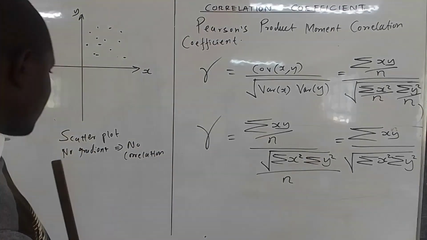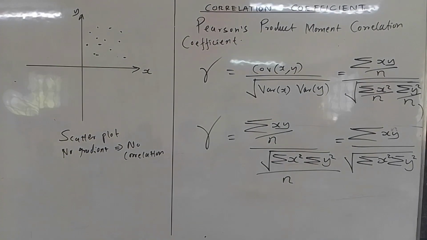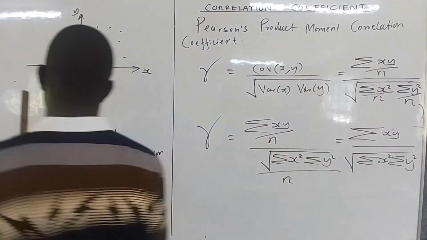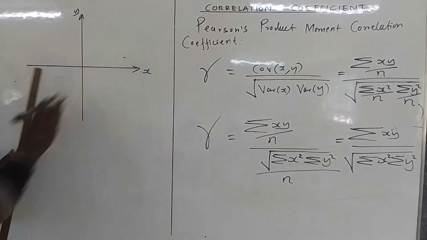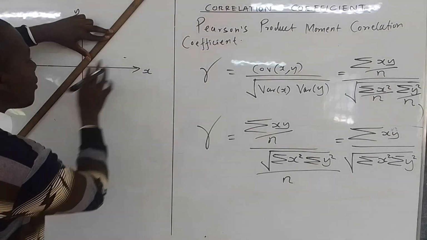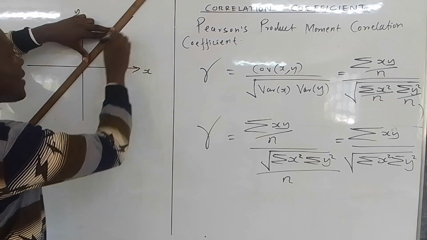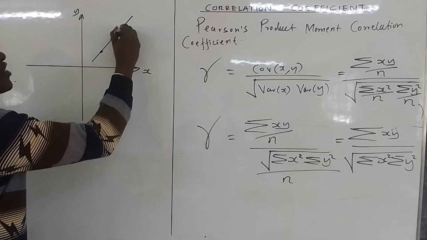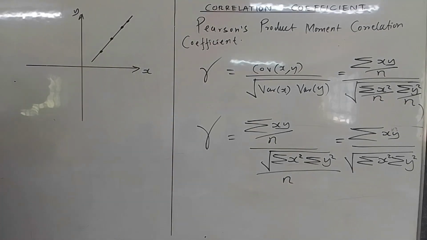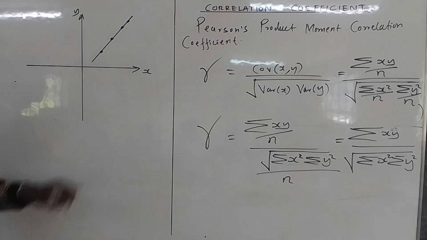Then you move to the next case, when you have all the points on a straight line. If all the points are on a line, none of the points in that plot is outside, they are forming a straight line. All the points are captured in a straight line, then the correlation is said to be perfect.